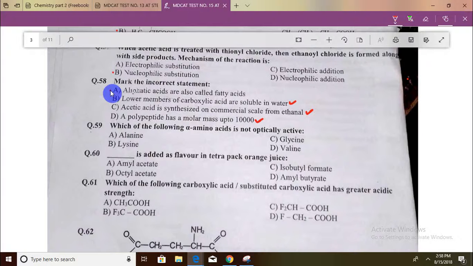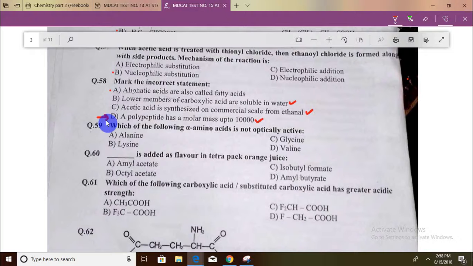Unfortunately, they have not mentioned whether this is a commercially feasible process, but it's certainly possible, so we will go with it being commercially feasible. And this one is definitely true. If it's more than 10,000 AMU, it will be considered a full-fledged protein.